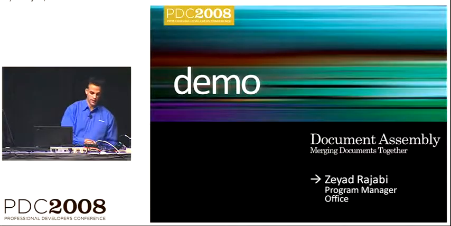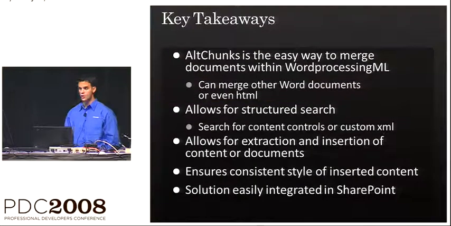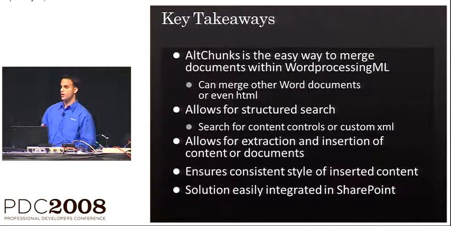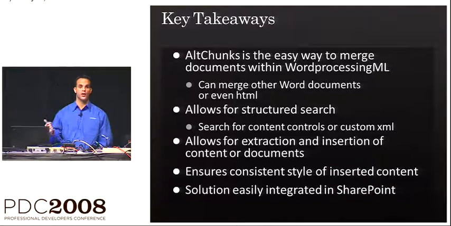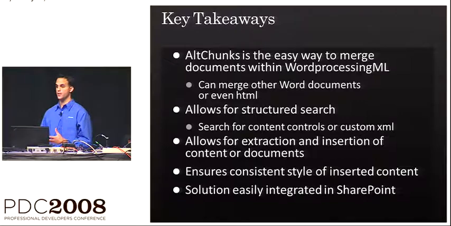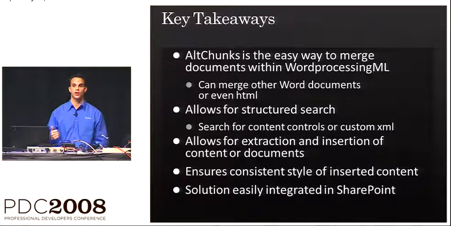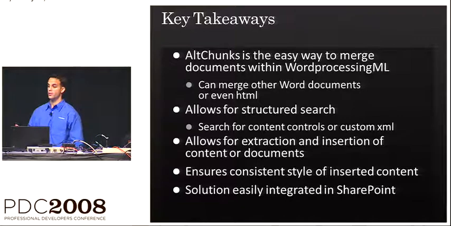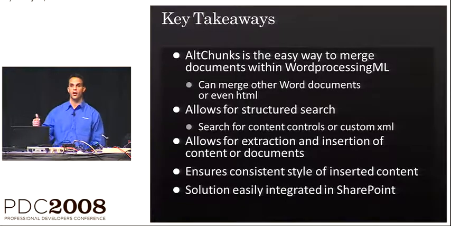So what did we learn from this? The easiest way to do document assembly with word processing documents is to use altChunks. It's a very easy way to merge other Word documents into the main document, as well as other document format types like HTML. With the SDK, you can easily do structured search. I used LINQ queries to find the particular regions within my XML that I wanted to manipulate, in this case all the content controls within my document.